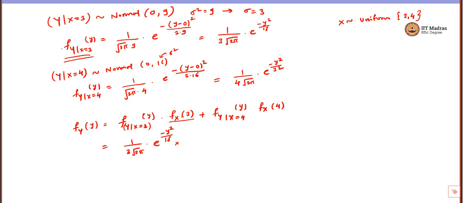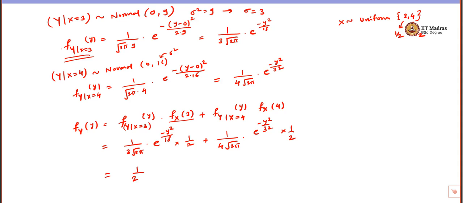That means f of x at 3 is 1 by 2, right? This probability is half and this probability is half, since it is uniform, plus f of y given x equals 4 of y is 1 upon 4 root 2 pi into e to the power minus y square by 32 into 1 by 2. So what values can we take common? We'll take all those values common and write down the answer.